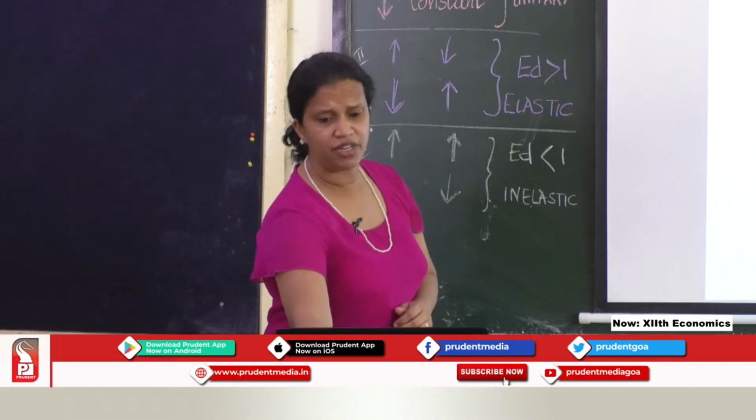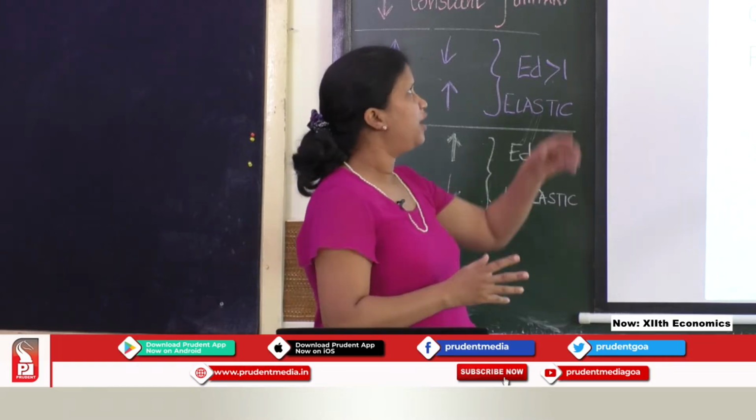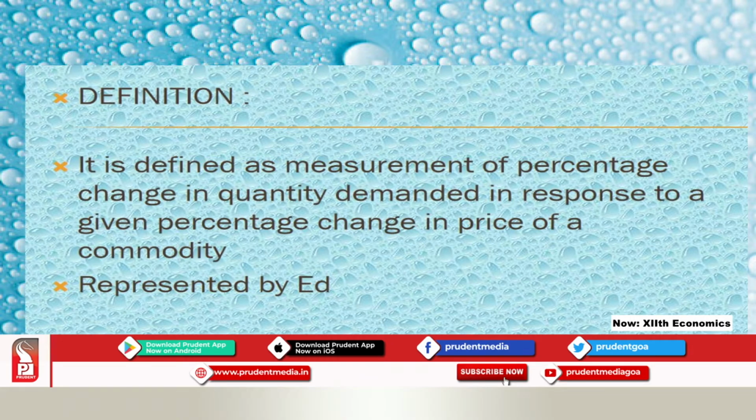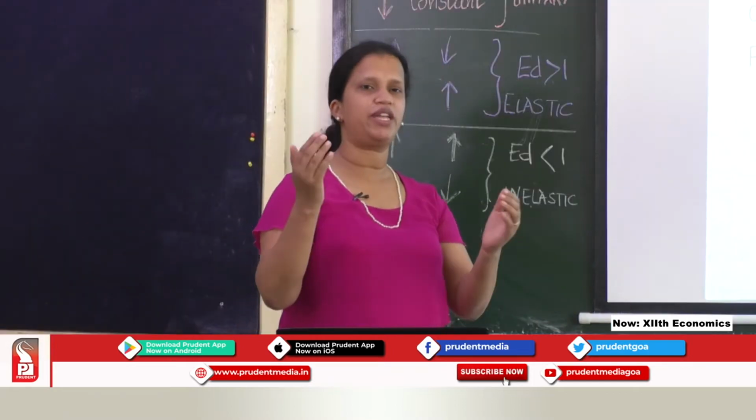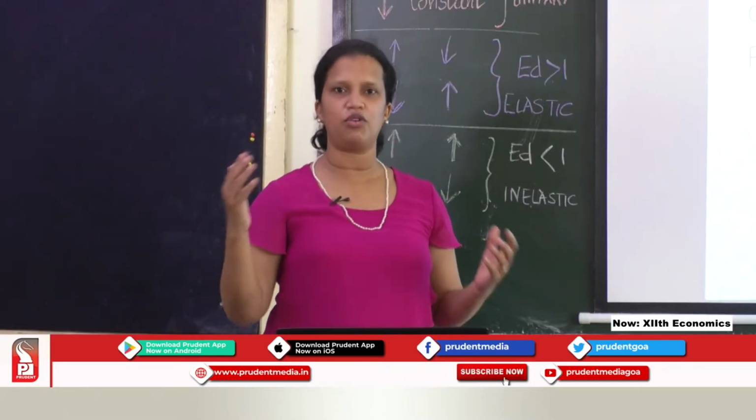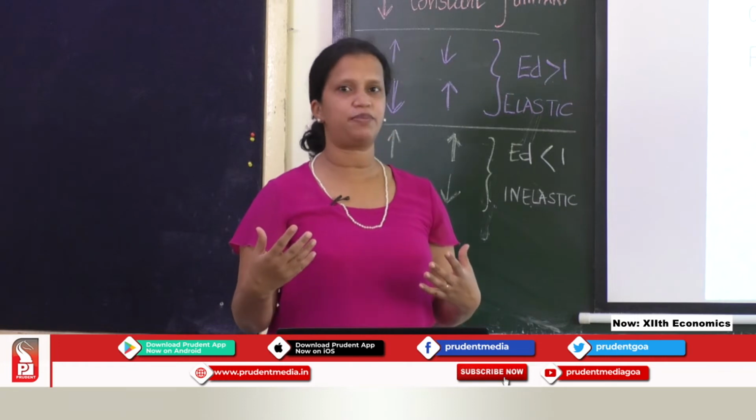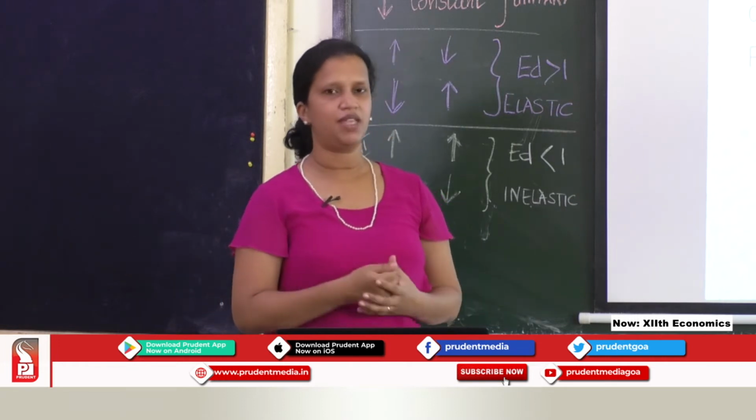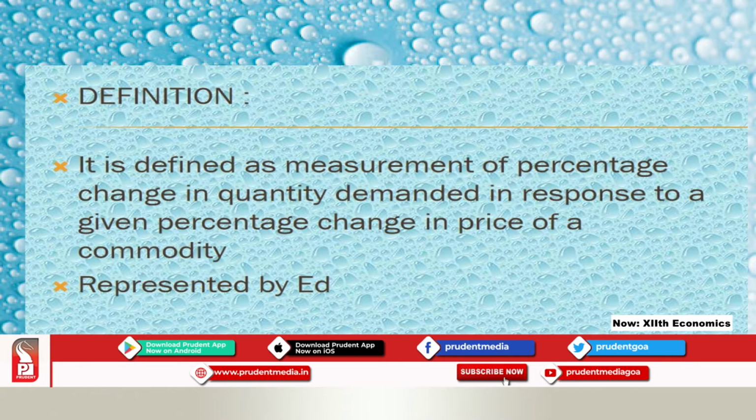So, in brief, we can say that price elasticity of demand is the measurement of a percentage change in quantity demanded in relation to a percentage change in price. And we use this percentage so that we can compare between different commodities which may be expressed in different units. Now, price elasticity is represented by the symbol ED. It is a capital E and a small d.